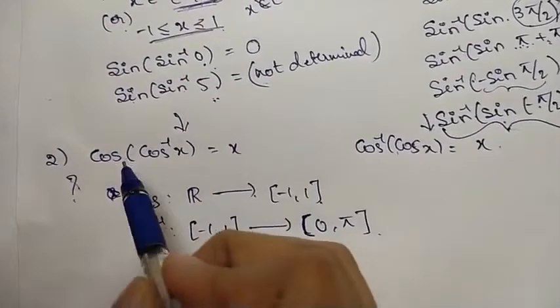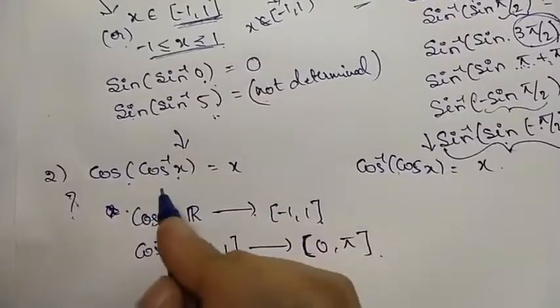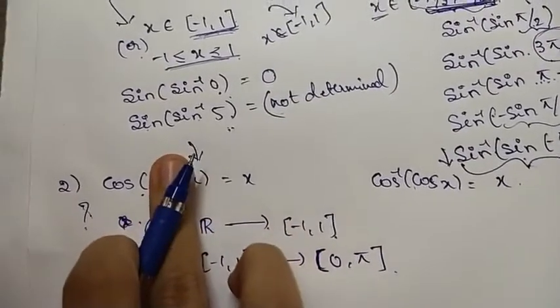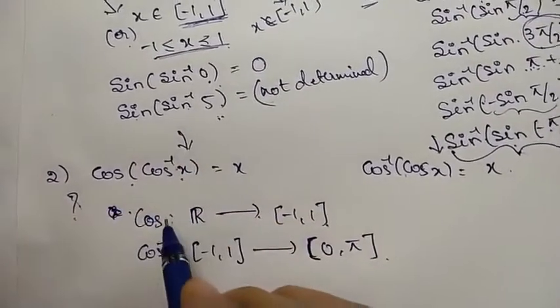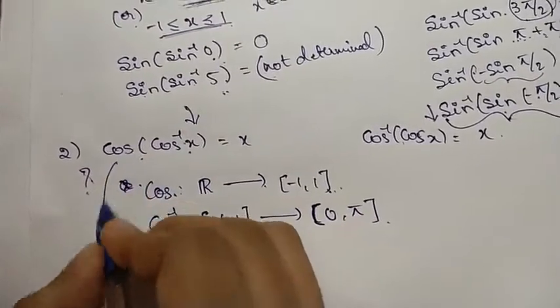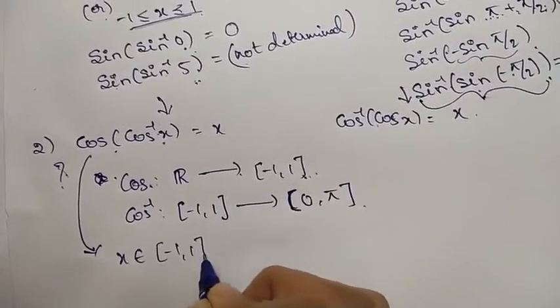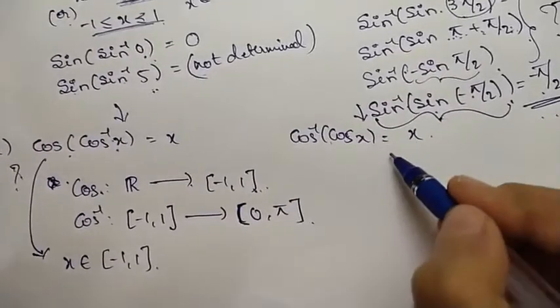Now, where does cos x lie? Suppose I take this whole as x, where does cos x lie? Cos x lies in the interval -1 to 1. So clearly in this case our x belongs to -1 to 1. Now what about here?